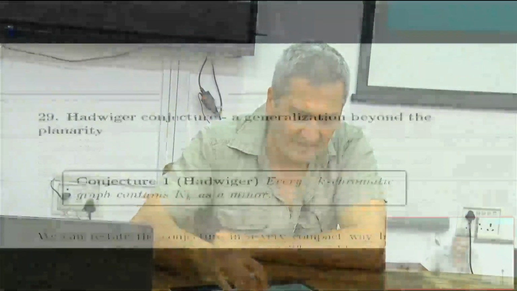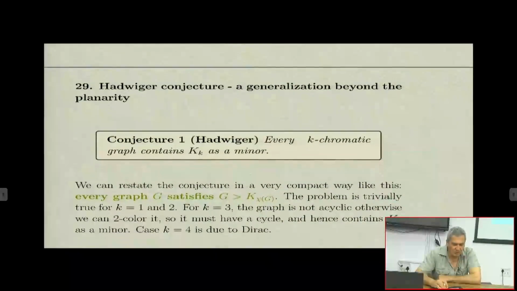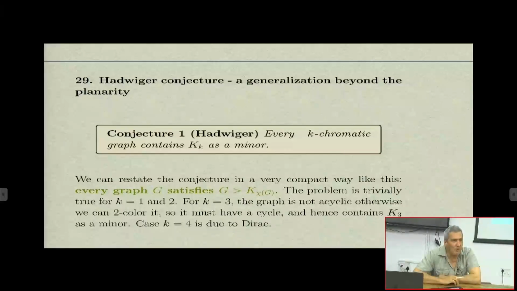Okay, this is the first thing I wanted to speak about before we start really. Another thing is that there are 2 conjectures proposed in the 1970s, 1980s, something like this. These 2 conjectures are the Hadwiger conjecture and the Hajós conjecture. The Hajós conjecture was very easily disproved.